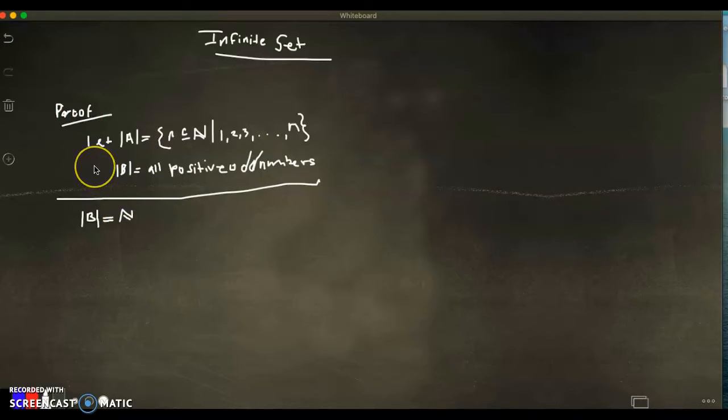And therefore we must prove that cardinality A and cardinality B are one to one, and the cardinality A is onto cardinality B. Okay?